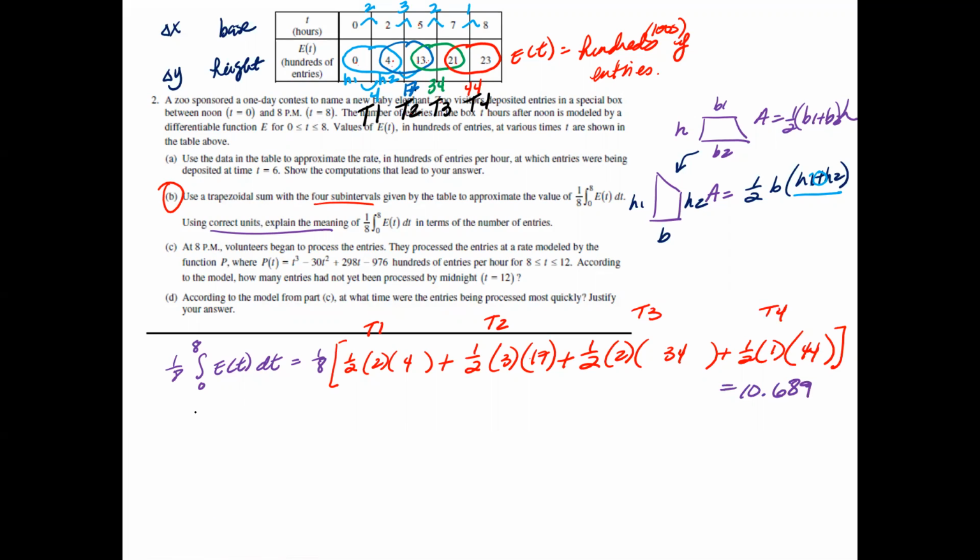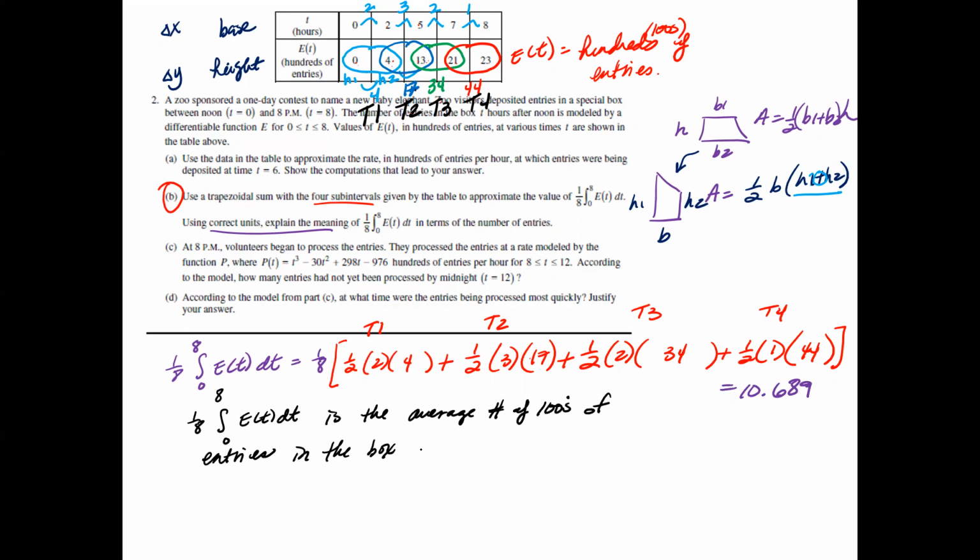So what you can say is, 1/8 the integral from 0 to 8 of E of t dt is the average number of hundredths of entries in the box that's naming the elephant, between noon, which is when t equals 0, and 8 p.m. when t equals 8.